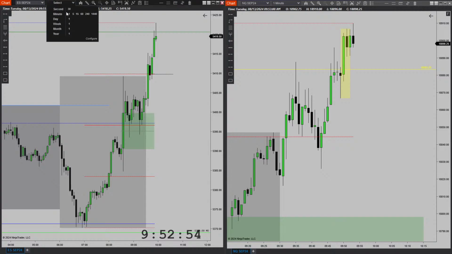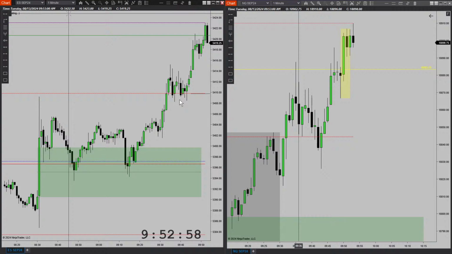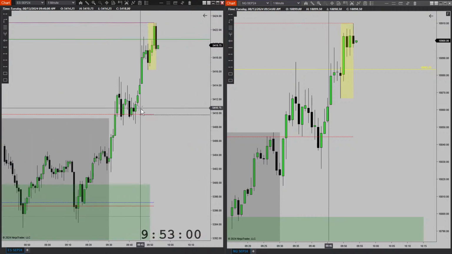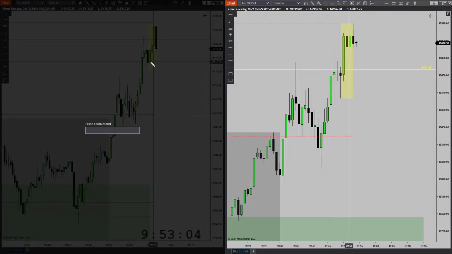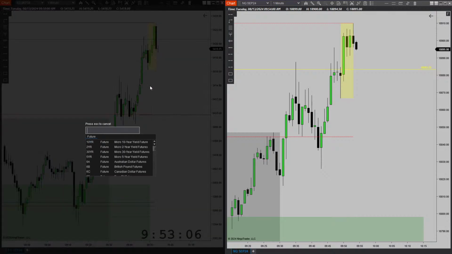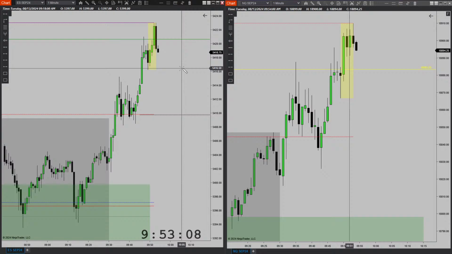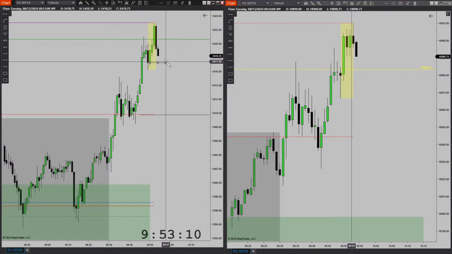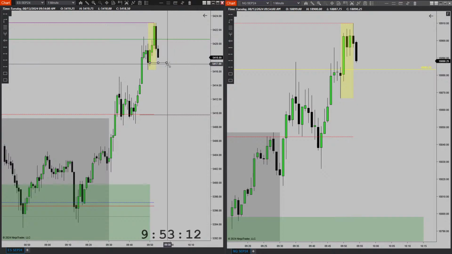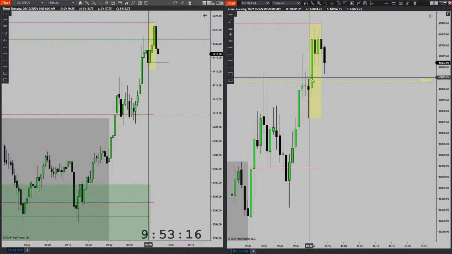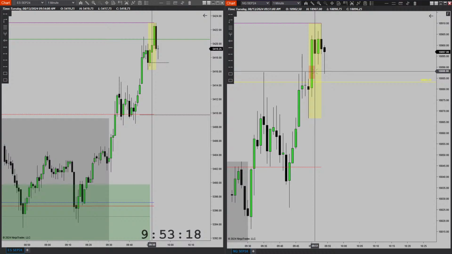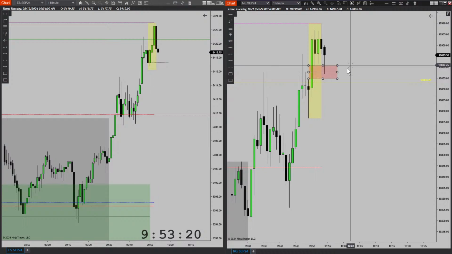Oh, that's the 5 minute. Okay. Oh, what the hell just happened? All right, so now we have some sort of displacement. Tiny displacement. This could be something, so I'll notate that.